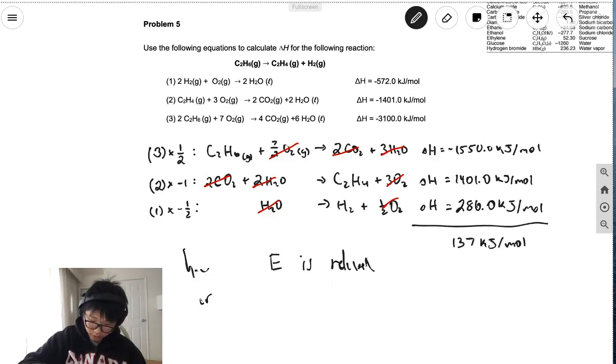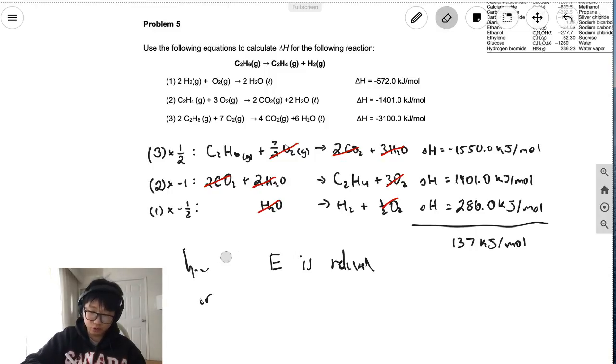How much energy? Yeah, I can't even write the much. Okay, well, anyways, so I'm just gonna say it. How much energy is released or absorbed when, let's say, they're gonna give you some kind of mass, like 2 grams of the C2H6 is reacted, or in this case, is decomposed, right?